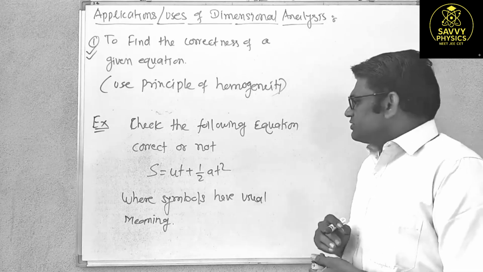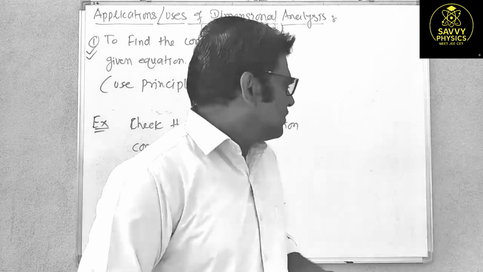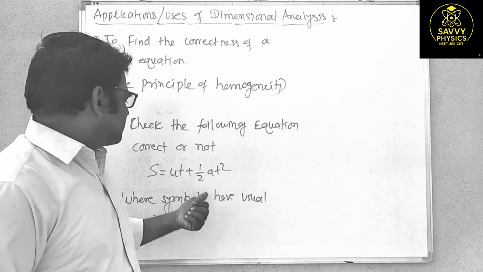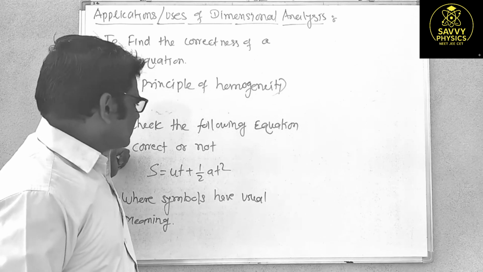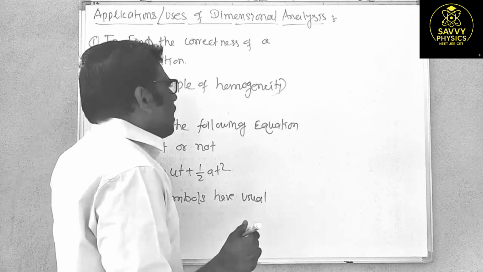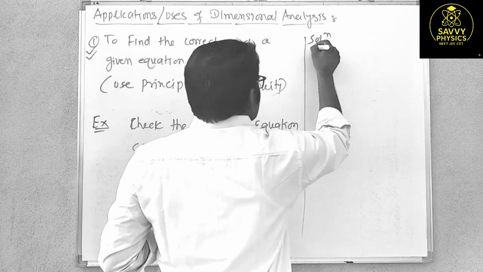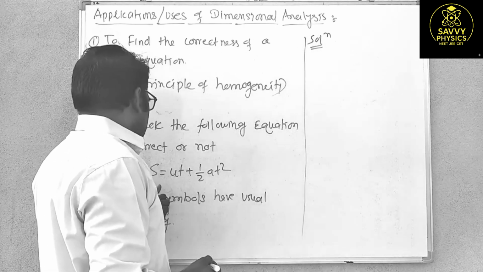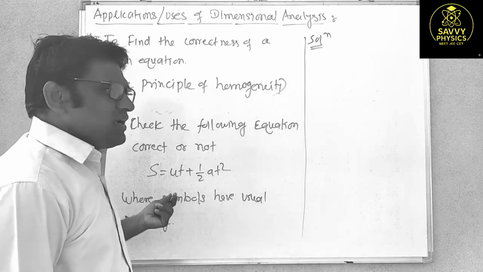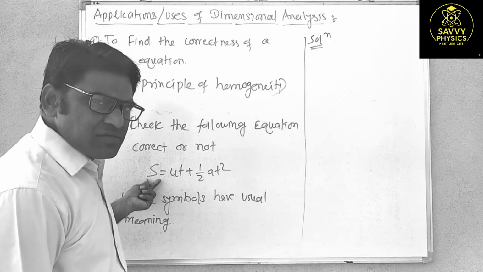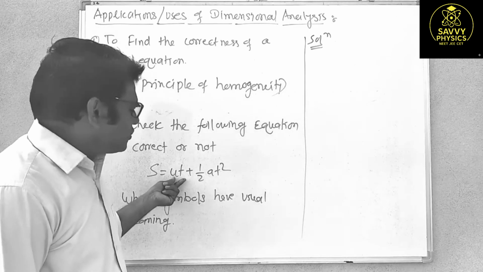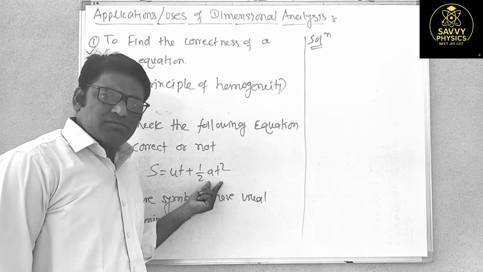So let us check the dimensions, the correctness of this equation, whether this equation is correct or not. How can we do this? Look, here the dimension of this term should be equal to the dimension of this term, which should be equal to the dimension of this term.